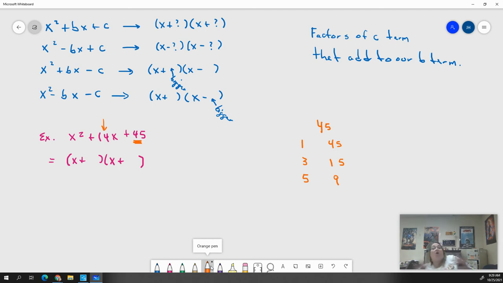So we've listed all of our factors of 45. So we're going to look at those and go, well, if I have 1 plus 45, that equals 46. That is not 14, right? If I have 3 plus 15, that's going to equal 18. 18 is not 14. 5 plus 9 equals 14, right? These are my factors. 5 can go here and 9 can go here.